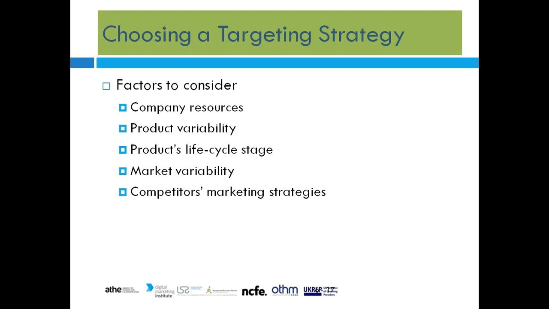Market variability means the market is really changing. It is different in different locations: consumer market, business market, location-wise as well. Then the competitor's marketing strategy. Sometimes if the competitor changes, you need to observe it as well. Like if Tesco is changing its pricing or some promotion, then Morrisons may need to follow as well.